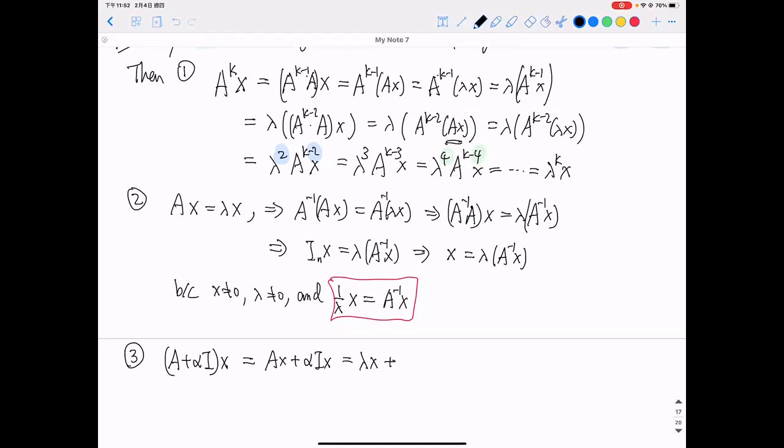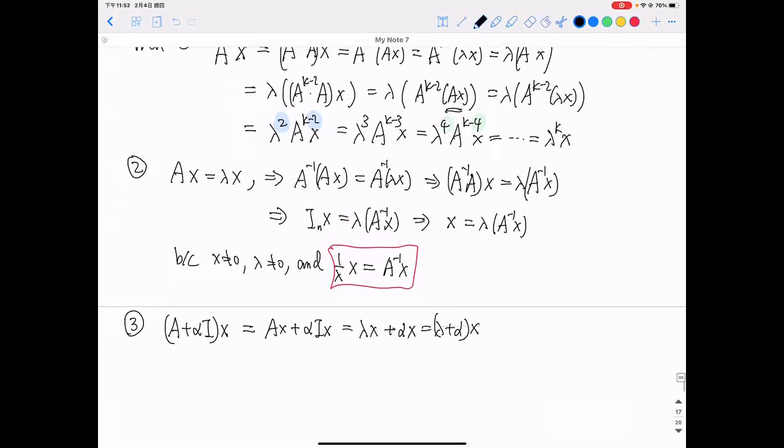I times X is X, so you get alpha X, which is lambda plus alpha times X. And this equation just says that lambda plus alpha is an eigenvalue of A plus alpha I. So that's it.